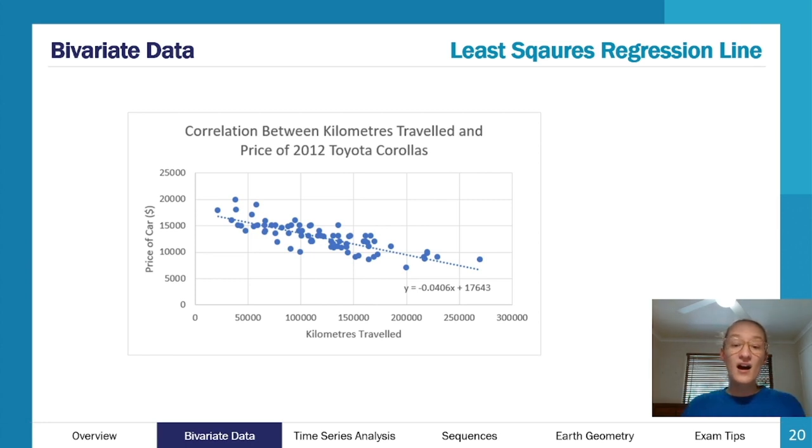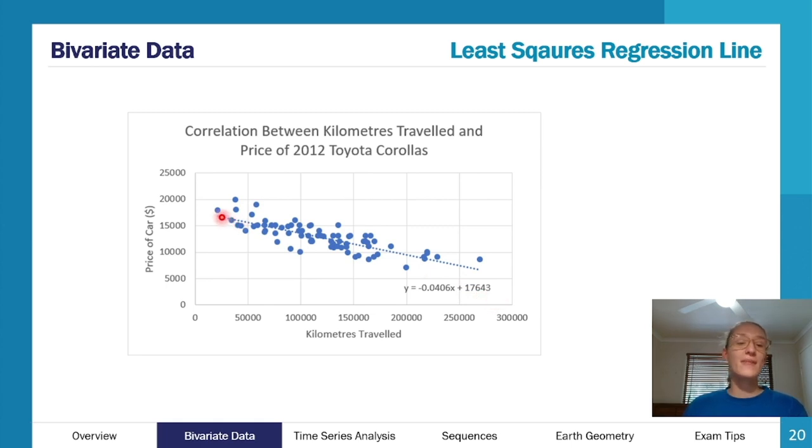So here you can see I've got an example. You can see that I've got y, my response variable, which here is the price of the car. So here I'm saying the price of the car is equal to negative 0.0406 multiplied by the kilometers traveled plus 17,643.